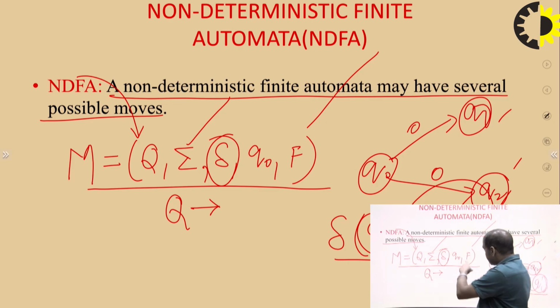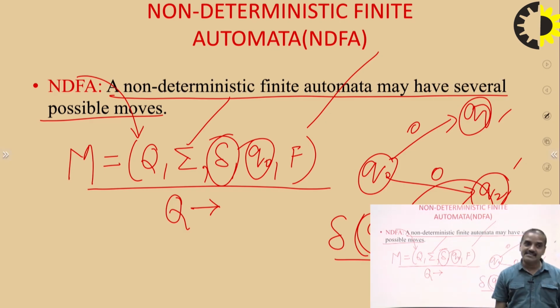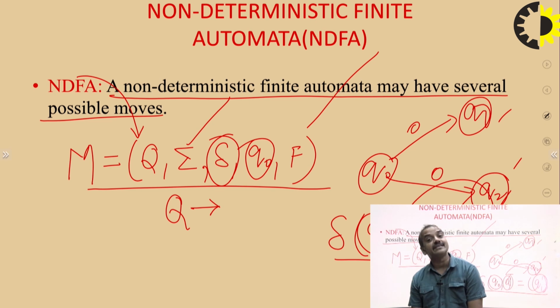Now the next part is Q0. As we discussed, Q0 means the initial state, where we have to start our machine. It is called the initial state, and the initial state must be a single state.